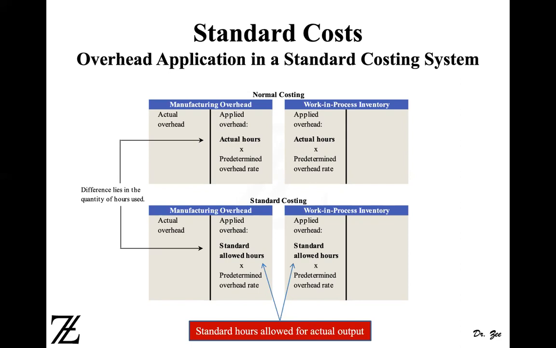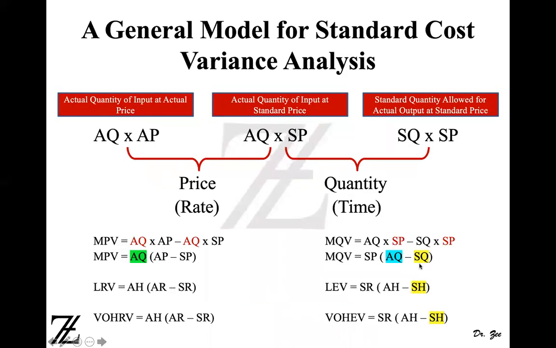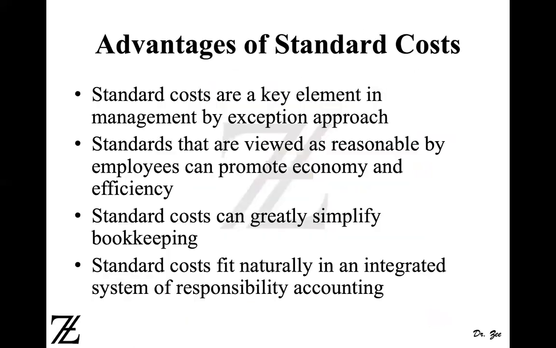So it has a standard component and it has the actual component. So that's the thing which differentiates it from the normal costing. Okay, so that standard hours allowed can be seen here in standard quantity, standard hours, and standard hours that I highlighted in yellow.